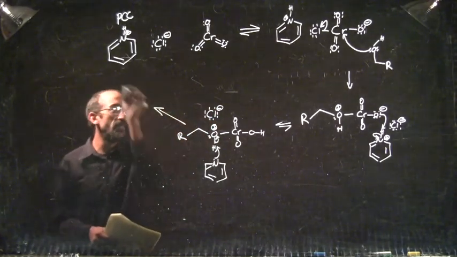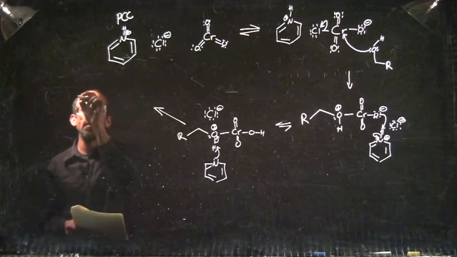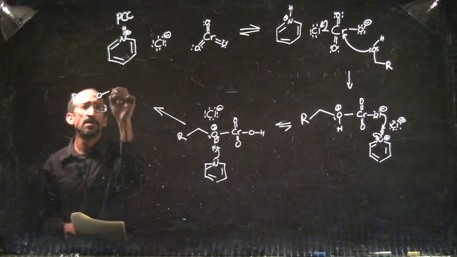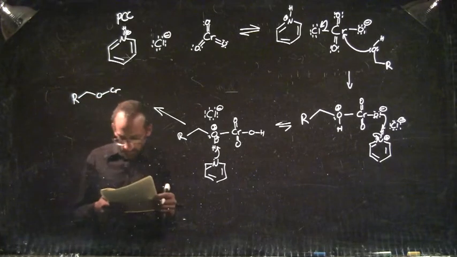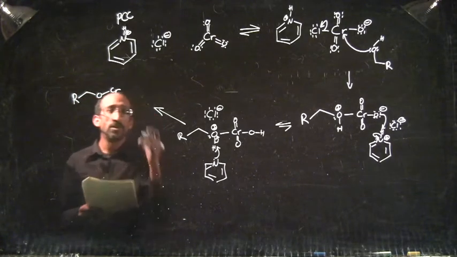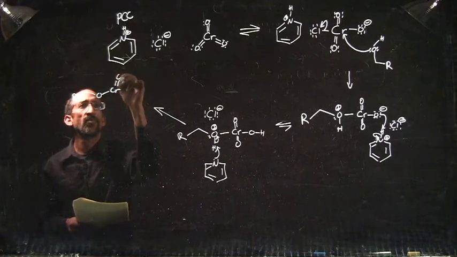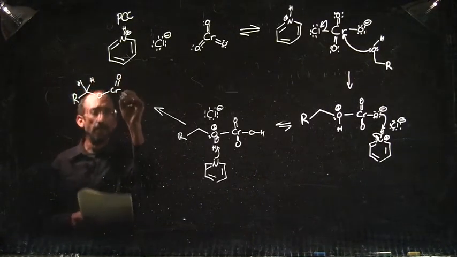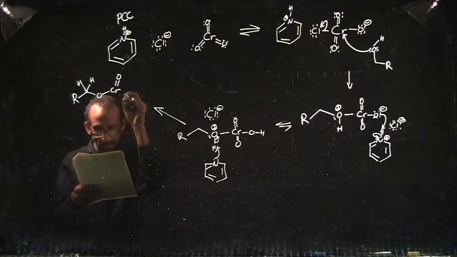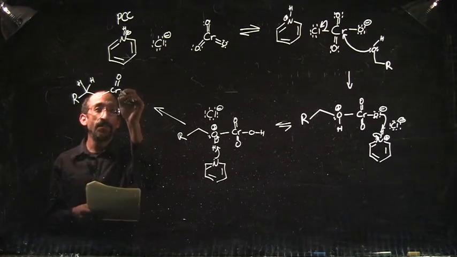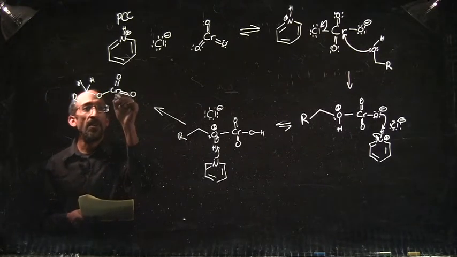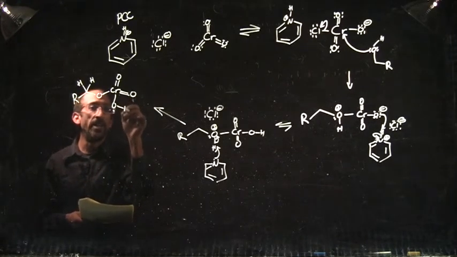I'm going to work up just a little bit, give myself some more space. Now I'm going to draw in those hydrogens for my oxygen atom, and we've got another double bond O there, and we've got an OH here.